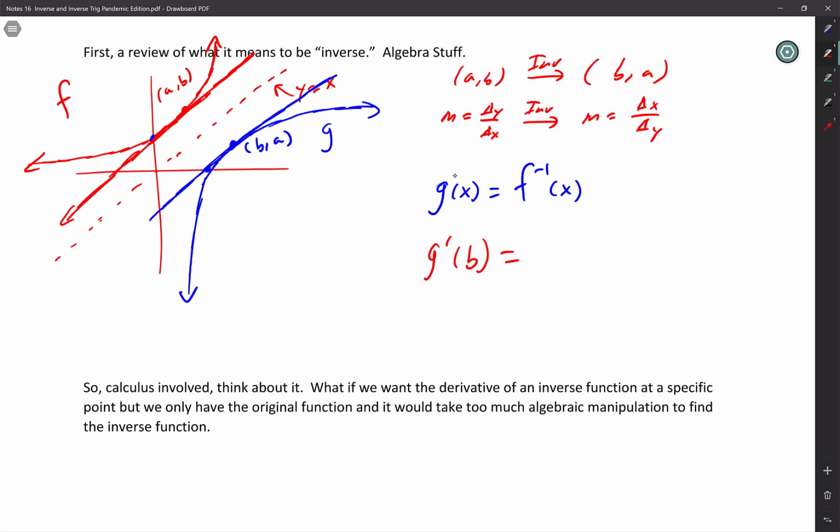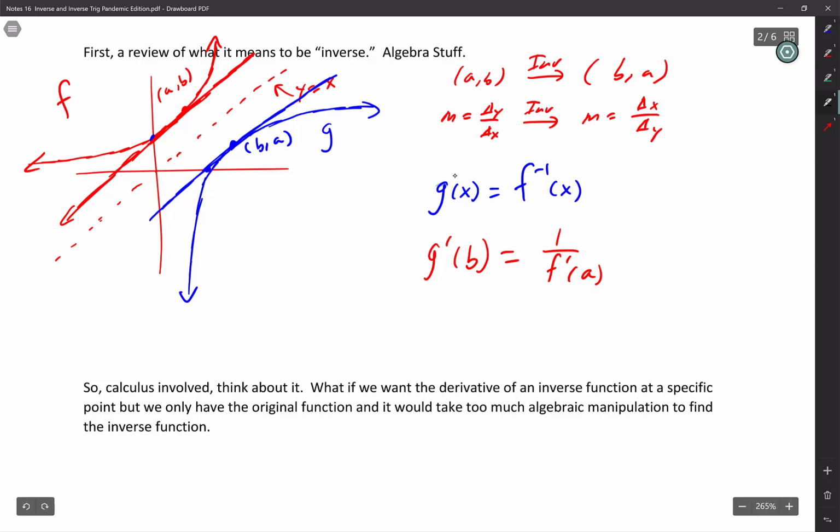If I want my slope for G at B, I have to take the reciprocal of F at A. Why? That's the hard part. Because they're inverses, yes, but not everyone sees that.